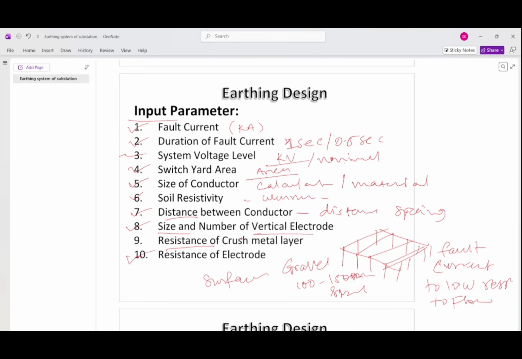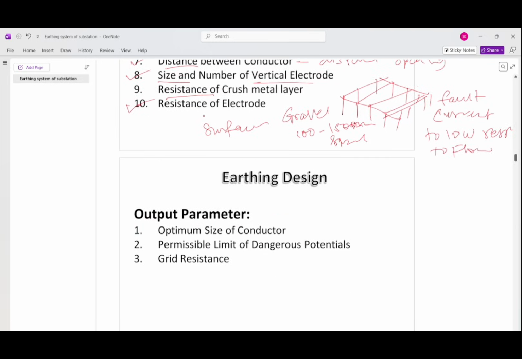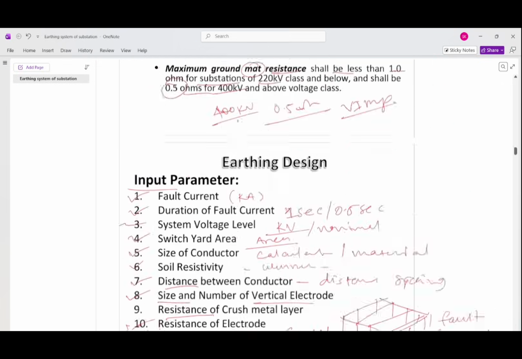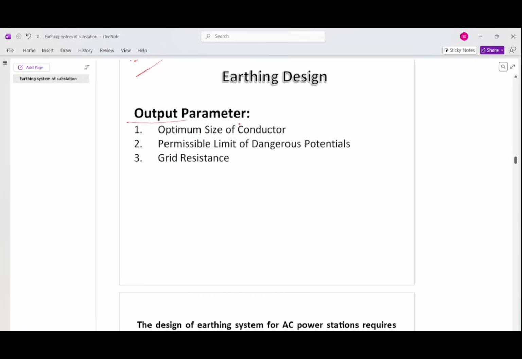Resistance of the electrode is calculated as per IS 3043 and IEEE 80. So these are also important. Earthing design input parameters we have discussed; now we will discuss the output parameters.